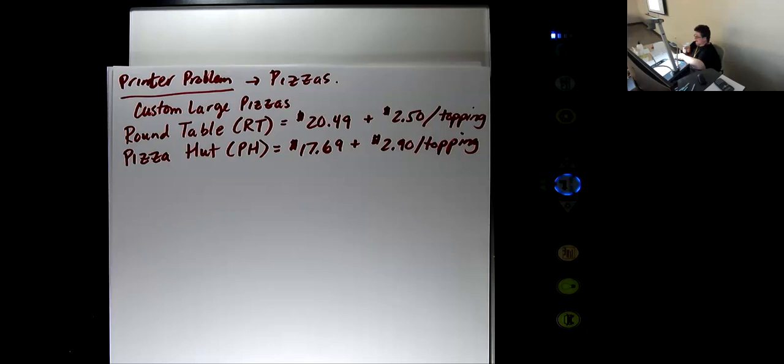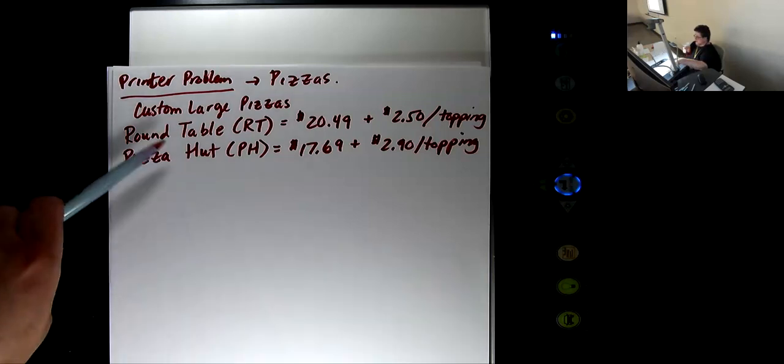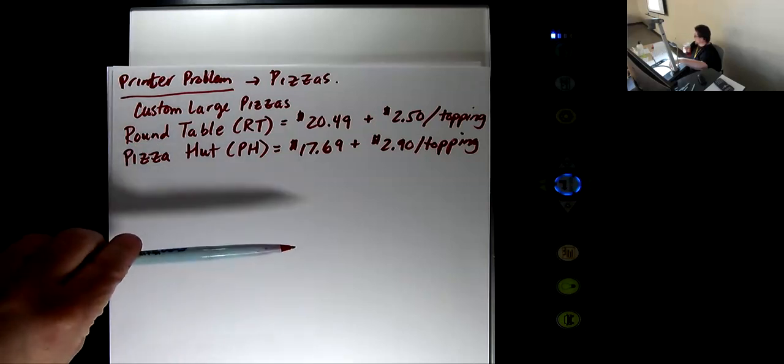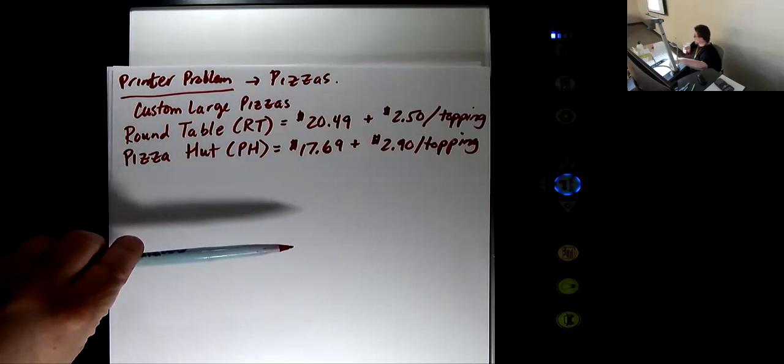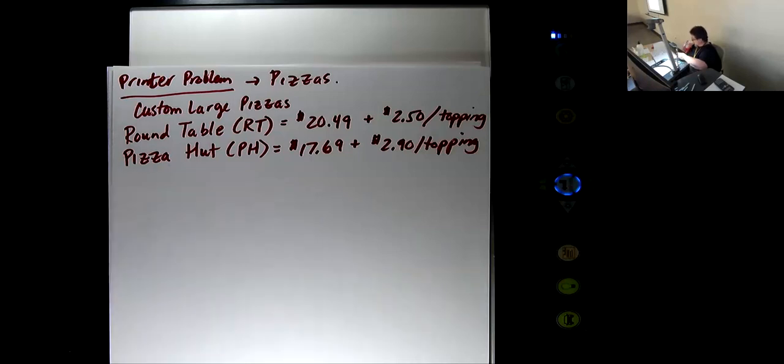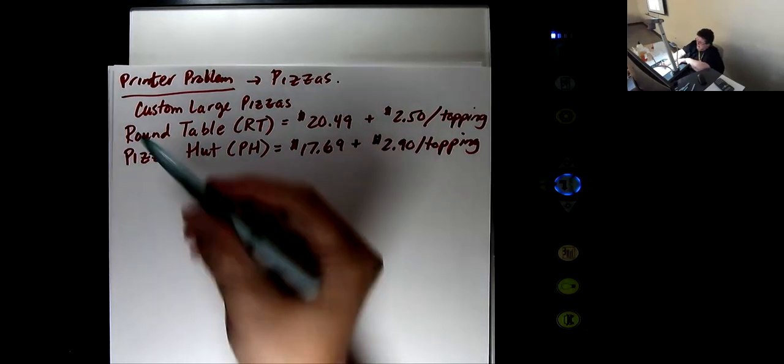So Round Table is going to be the more expensive pizza up until we get into a certain number of toppings, and then at that number of toppings, Pizza Hut becomes the more expensive pizza. So let's figure out when that is. When that transition is going to happen, I'll write this in words now.